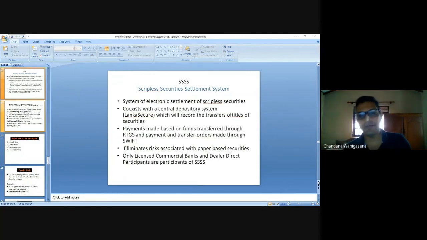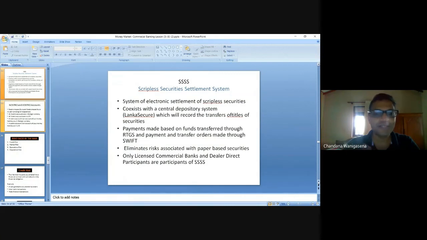These are big value transactions that take place electronically. It is not practical to do paper transactions. So this transaction happens online on secured platforms. We may use RTGS and SWIFT, RTGS for payment and SWIFT for communication.